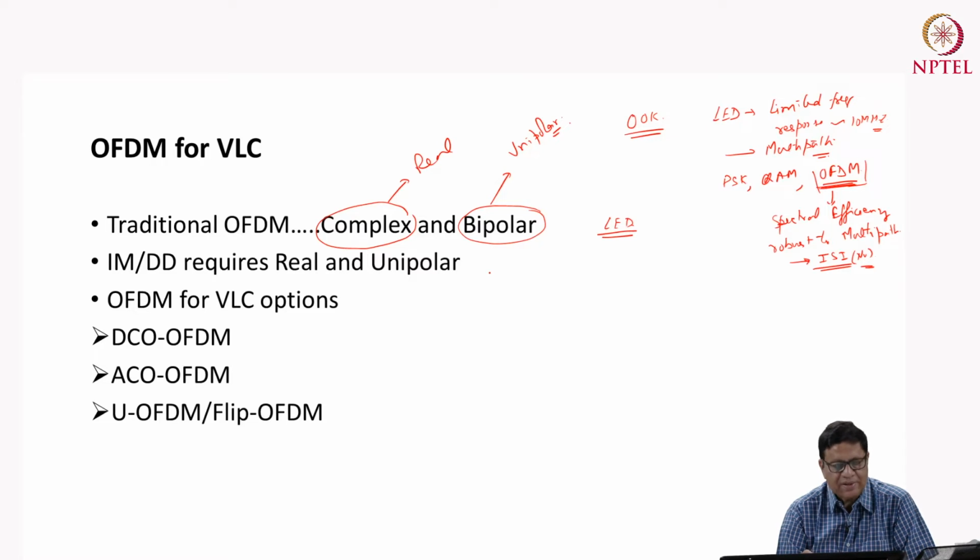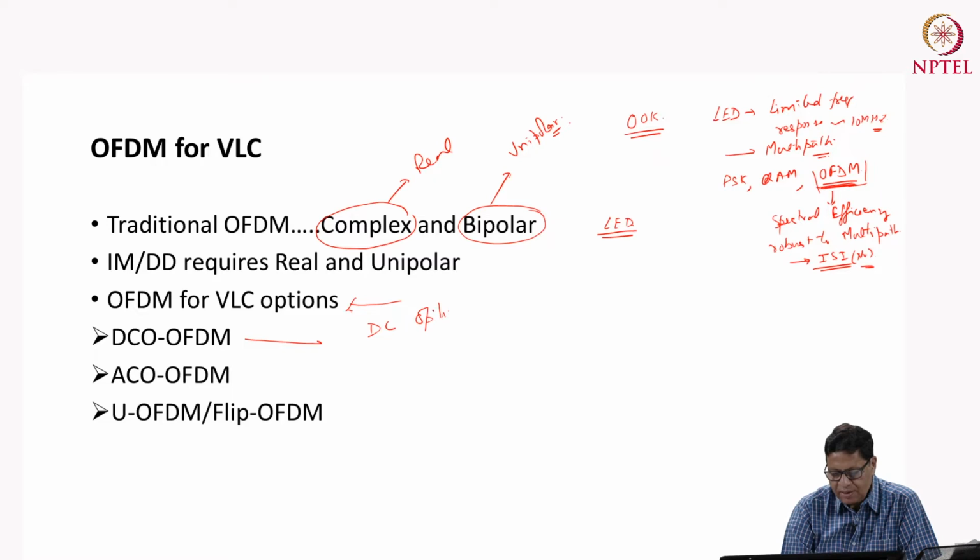Some of the techniques which are very common, which we will discuss in detail, is called DCO-OFDM, which is DC optical OFDM, that is orthogonal frequency division multiplexing.